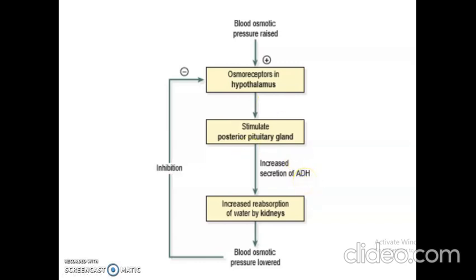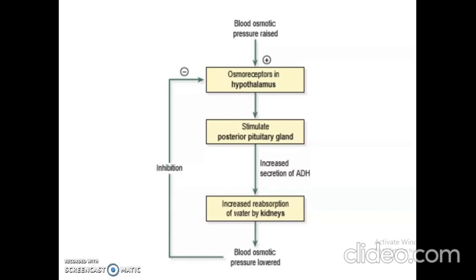The antidiuretic hormone acts on the nephron, particularly at the distal convoluted tubule as well as the collecting duct region. It increases the permeability of the wall of these structures. Then that leads to increased reabsorption of water.